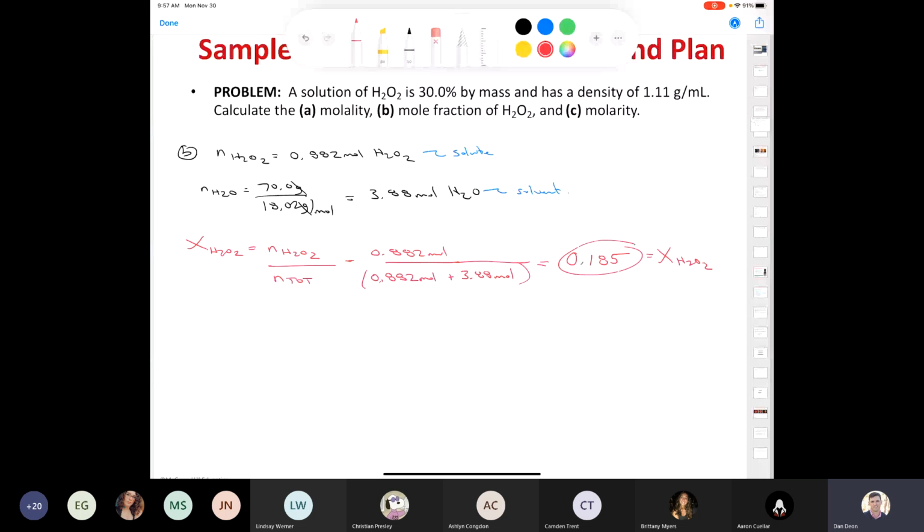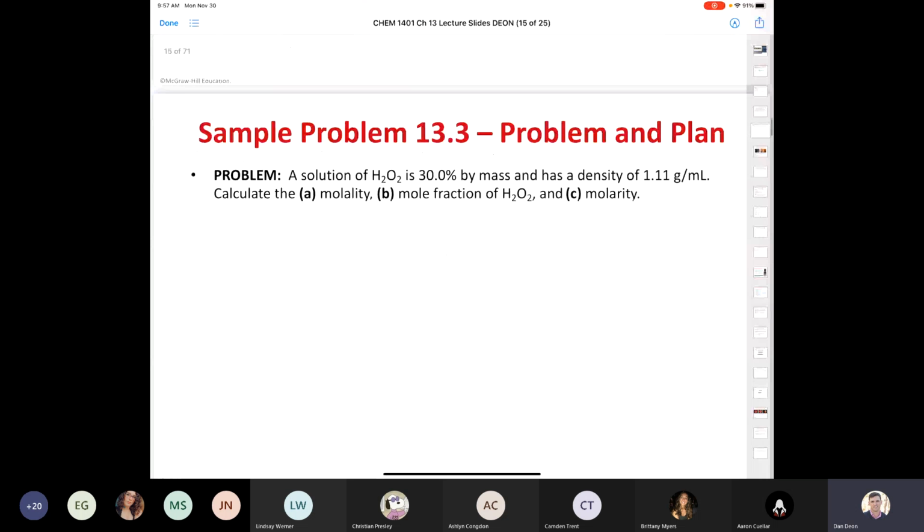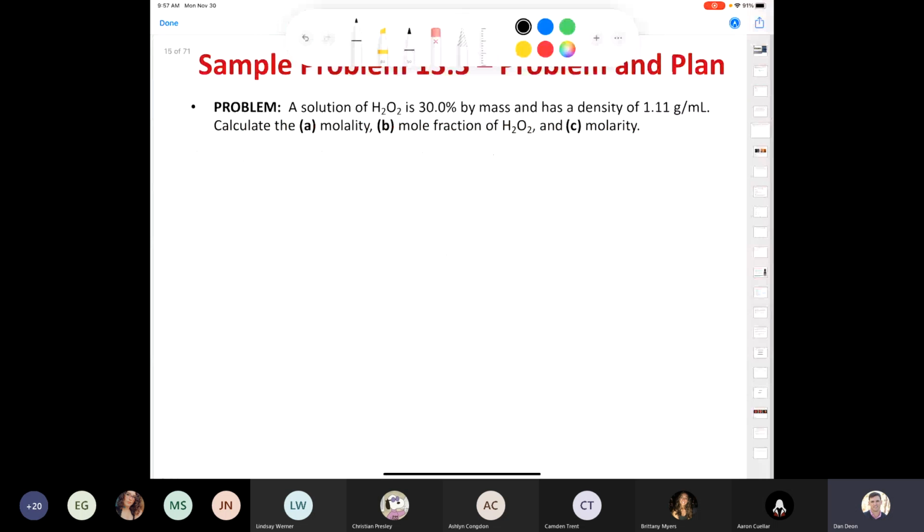Now we figured out the molality of the solution and the mole fraction of the solution. Let's skip ahead to the last part and take a look at molarity. How would I calculate the molarity of this solution? Well, I know the number of moles of my H2O2, and now I need the volume of my solution.